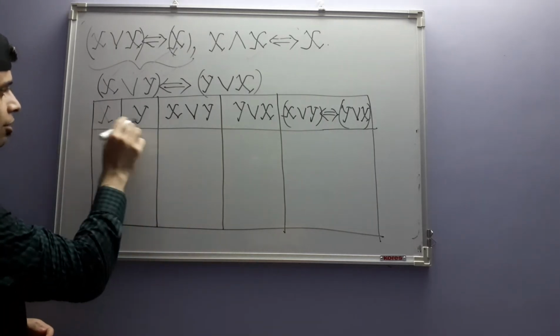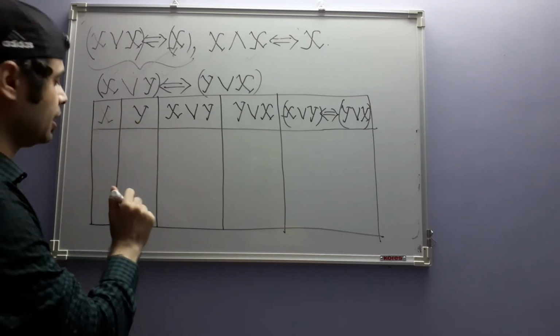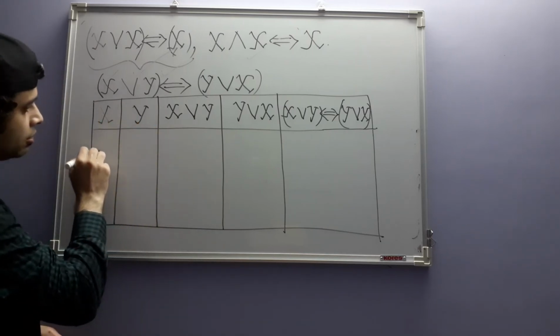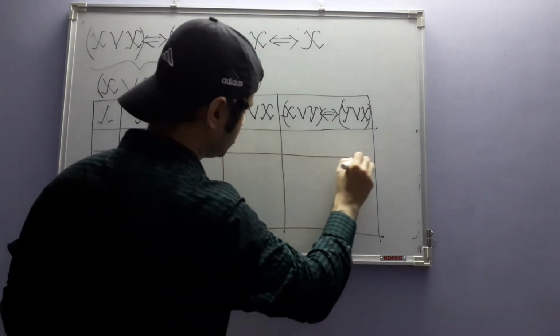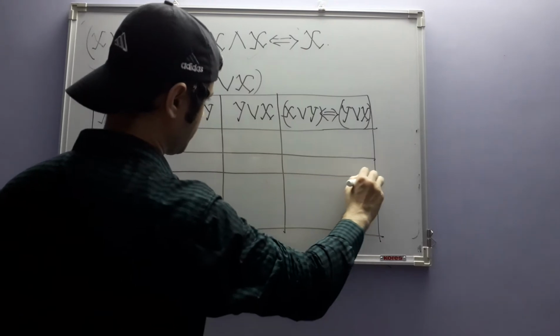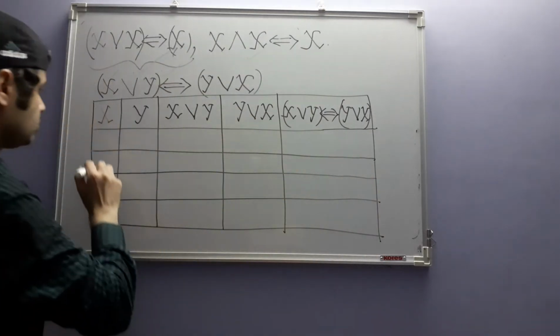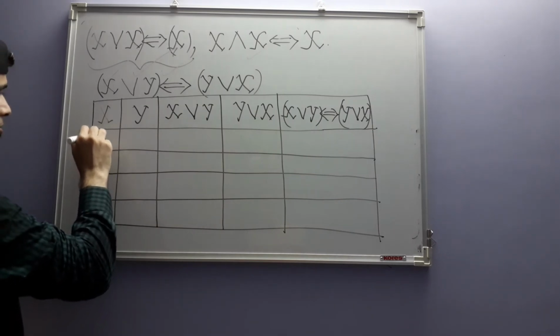Because each of these two statements can take two truth values. So X can be true.